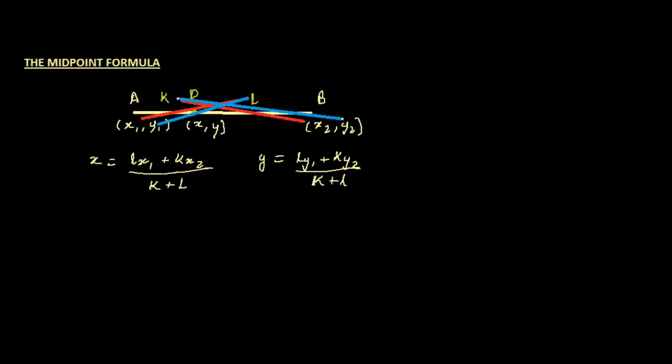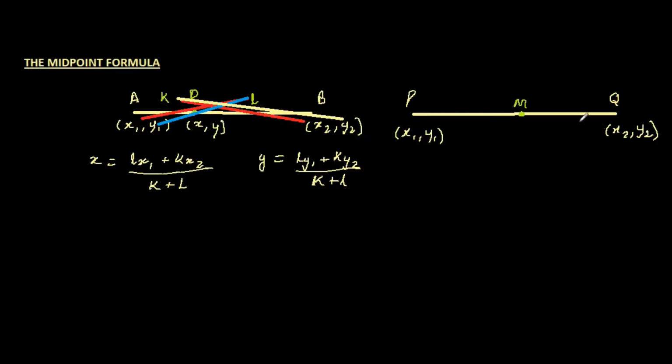Now let us look at the midpoint formula, how to do that. Let me take another line segment, let me call it, say, PQ, and let me take the coordinates as the same, x1, y1 and x2, y2. Now we are looking for a point P such that, sorry, P won't work here because the line segment is PQ. Let me take a point M such that it divides PQ in the same ratio.